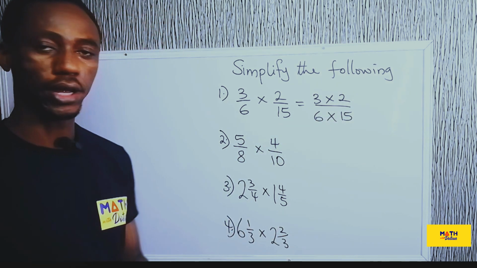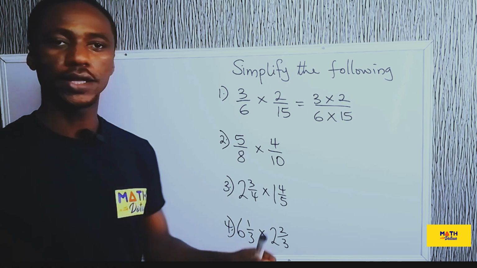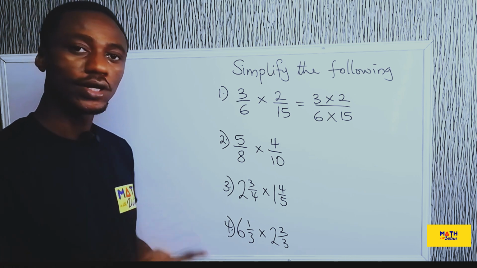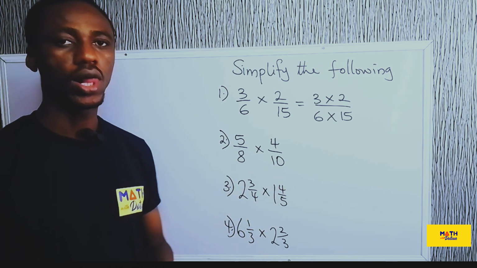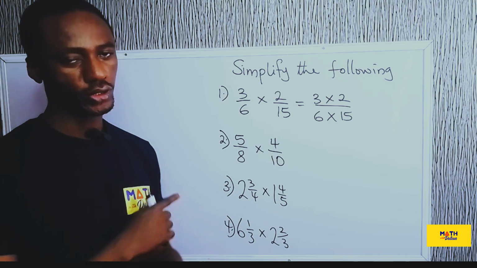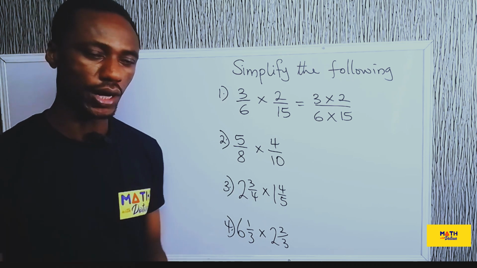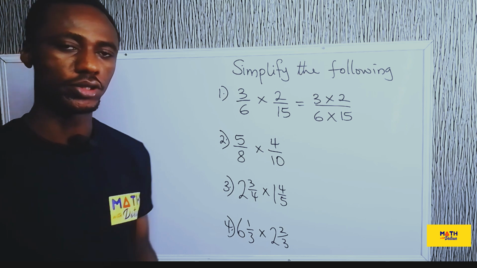That's how to multiply fractions. The guys upstairs multiply themselves, and the guys downstairs multiply themselves. So numerator times numerator times numerator, no matter the number of fractions, as long as you're doing multiplication, just multiply straight away. Numerator times numerator, denominator times denominator.